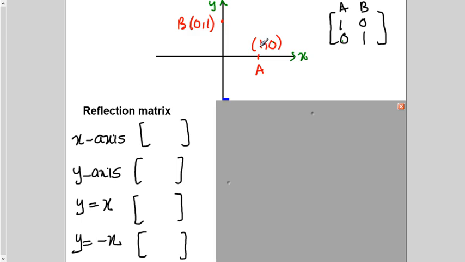This point will remain same. It will not be reflected because it is on the x-axis. It is called an invariant line. So I will write 1, 0, point A. Point B, when I reflect in the x-axis, will come here, right? So if it is 1 unit here, in the reflection it will be -1 here. So my point will be 0, -1.